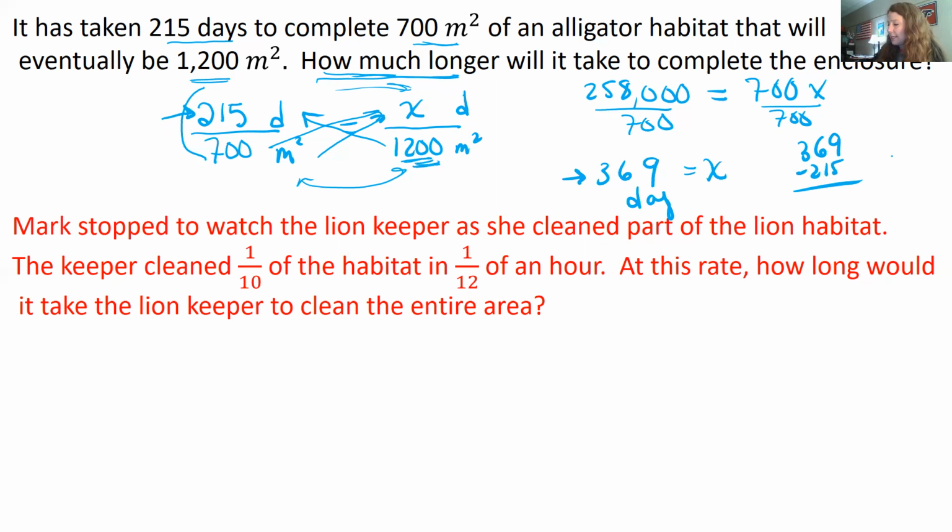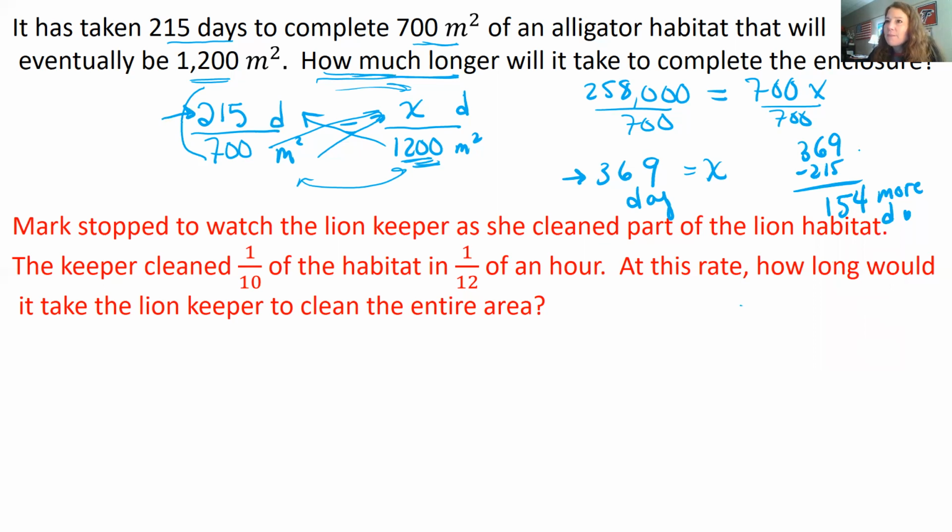So 369 minus 215 is 154 more days. Oops. All right, anyway, my pen won't let me write it, but 154 more days.